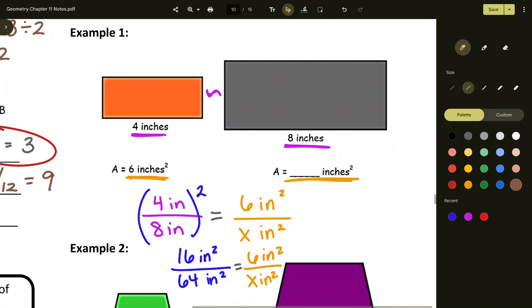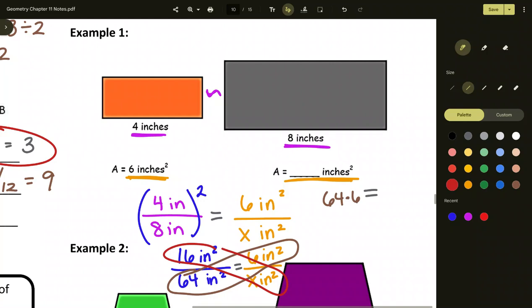And then we are going to cross multiply now that all of the units are in the same unit label. So here we're going to do 64 times 6, and we will set that equal to 16 times x. All right, 64 times 6 comes out to 384, which is equal to 16x.